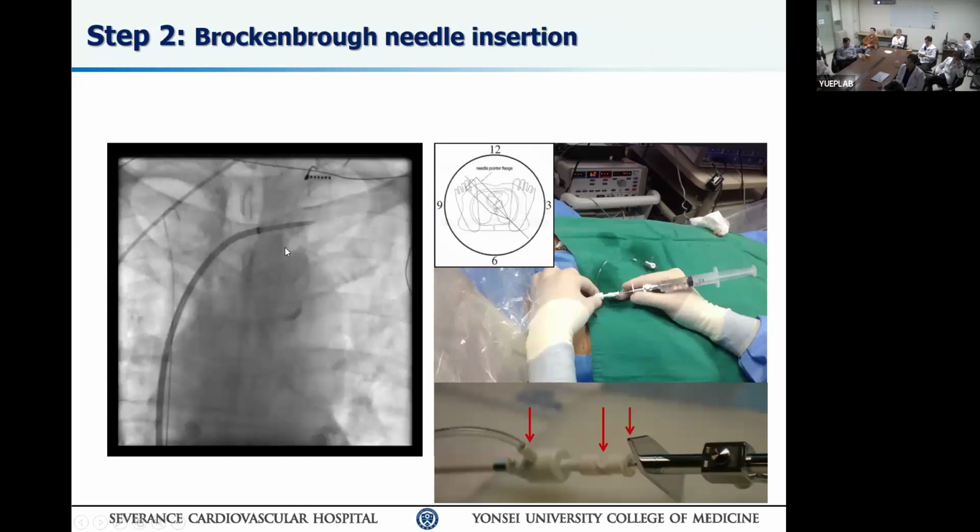And after you remove the guide wire, you descend your transseptal sheath apparatus at the LAO view. The one important thing is that the tip of the apparatus that I've told you previously should be in the 5 to 6 o'clock direction, as you can see in this picture.